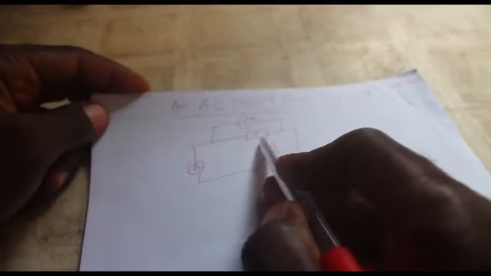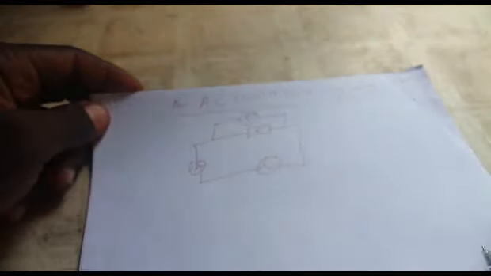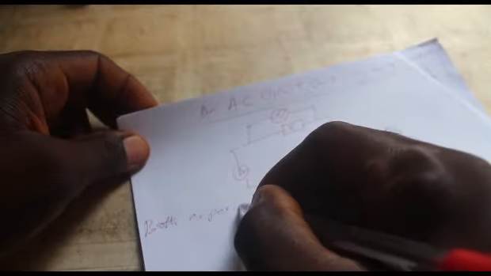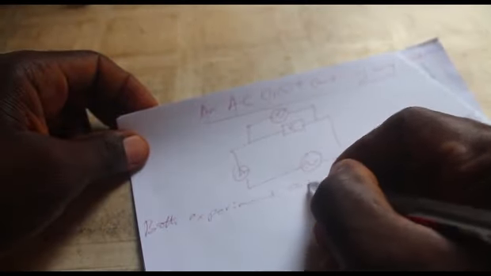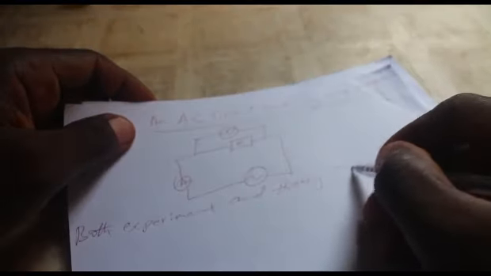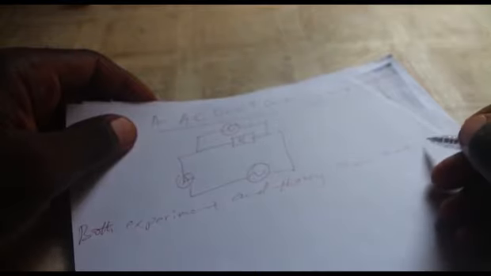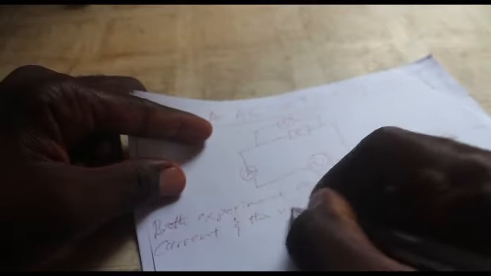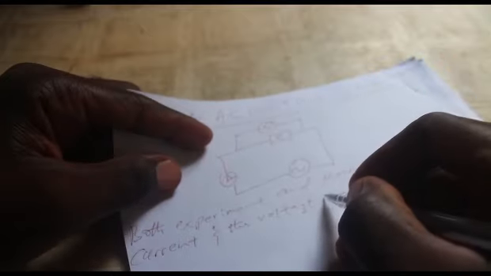So in this kind of AC circuit where we have only resistor, both experiment and theory show that the current and the voltage are in phase.